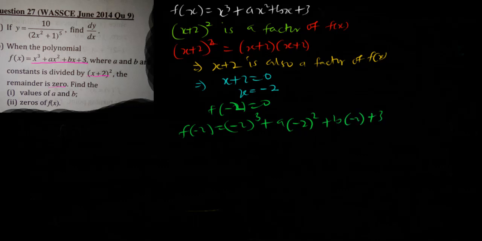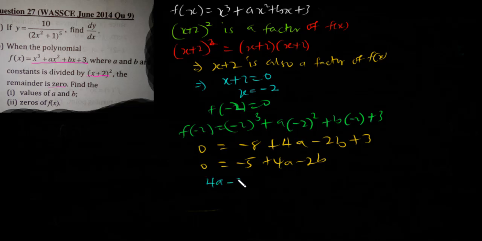I simplified this: negative 8, plus 4a, negative 2b, plus 3, which is negative 5 plus 4a minus 2b. I rewrote this and had 4a minus 2b equals 5, and I call this equation 1.